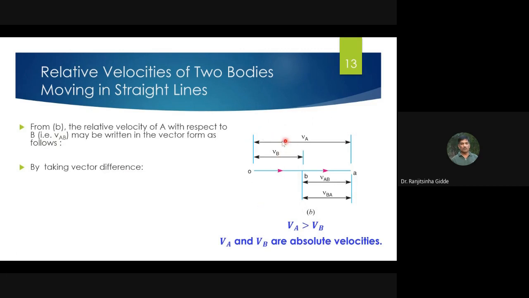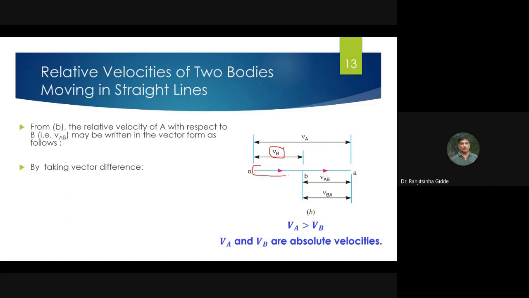Here this VA, that is the absolute velocity of body A, how is it shown? OA. This complete length indicates the velocity of body A. And the second, the velocity of body B, is VB. I am not saying relative, only absolute velocities.